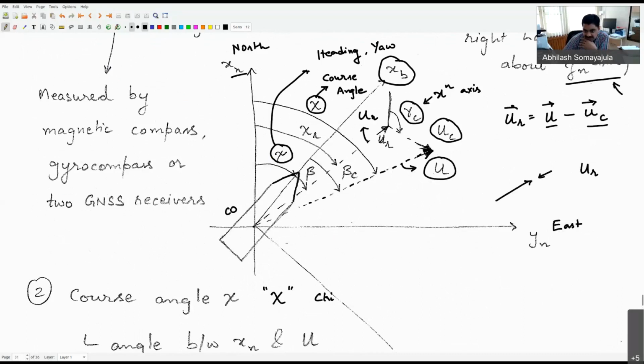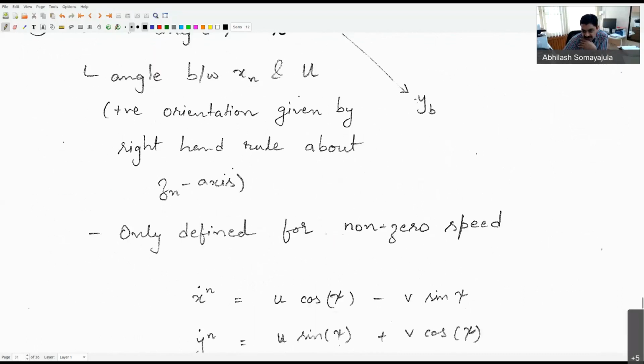Let me draw a new picture here. Let's say this is my craft, and it has a velocity vector this way, which is u. This is my xb axis and this is my yb axis.